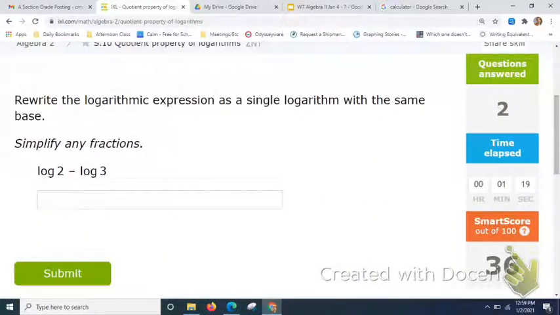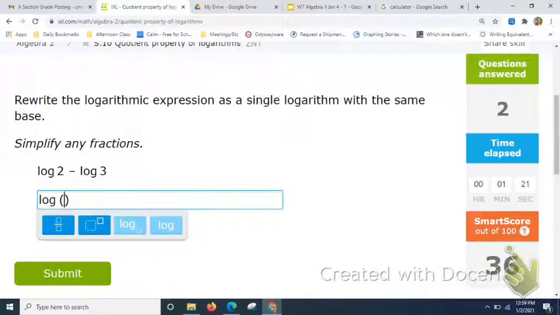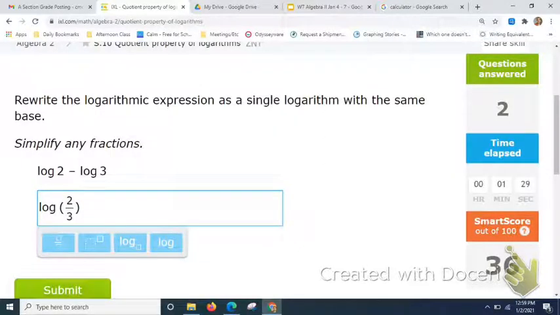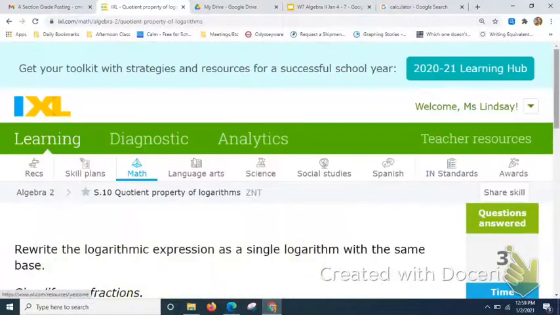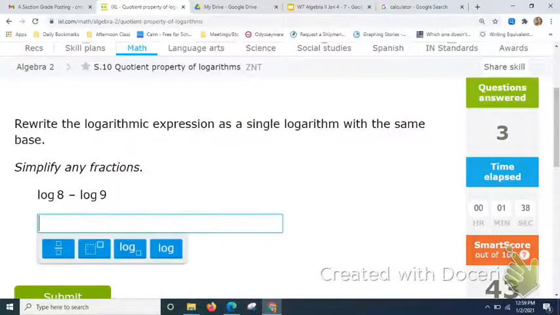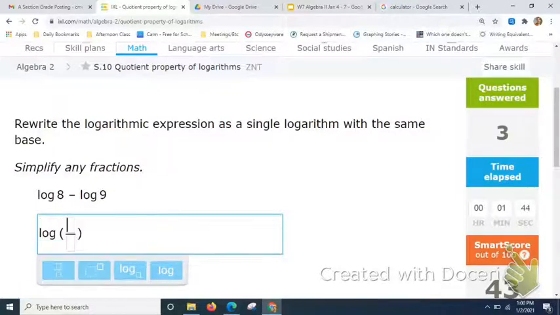So let's try that again, Miss Carolyn. And then, so the fraction, the argument is what is in the fraction, not the whole log in the fraction. There we go. All right. And I won't be re-recording to cover that up because I already have 30 minutes here. 8 over 9.